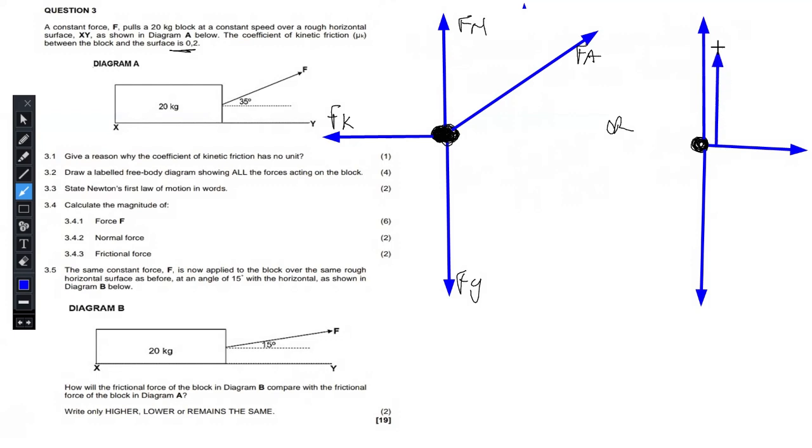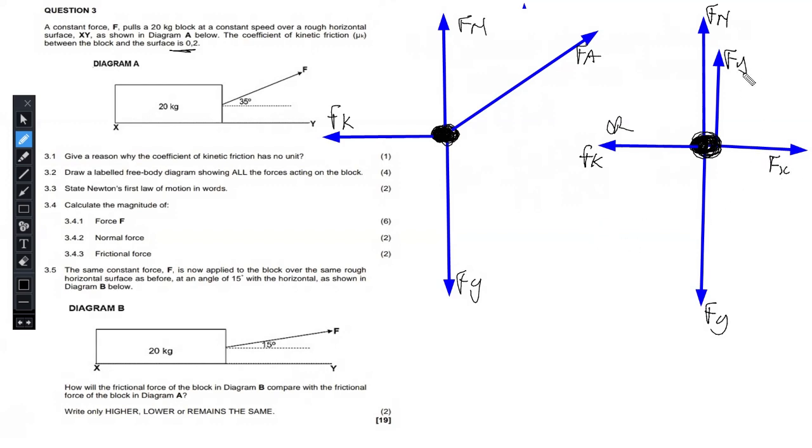Let's make this one bigger here, and then we also have our Fk. Then we would label this Fk, this is Fg, this is the normal force, this is Fy, and this here is Fx.